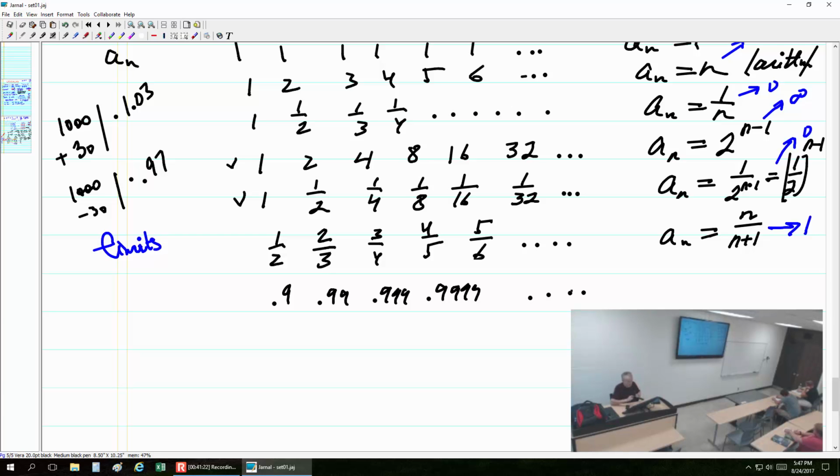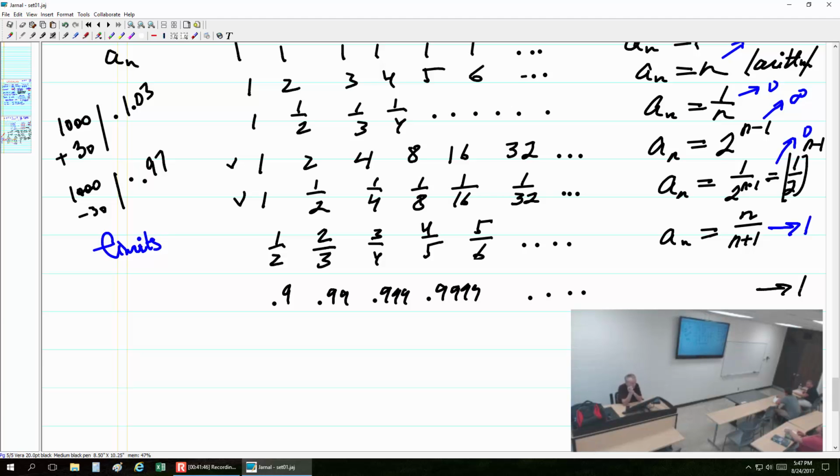Let's ignore the formula itself. It might be hard to guess right away. But can you say anything about this sequence? It's going toward 1.